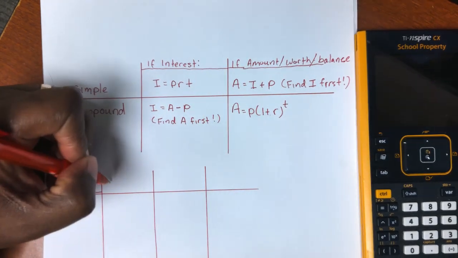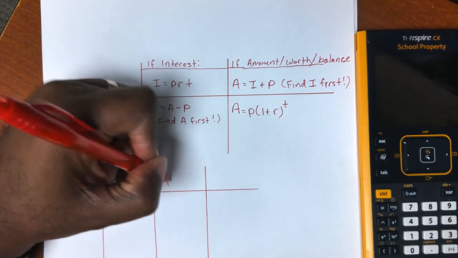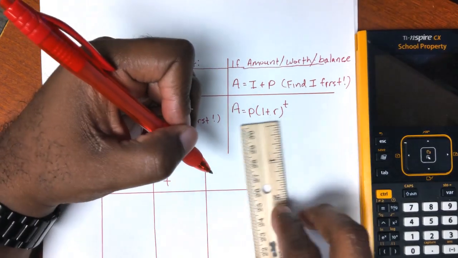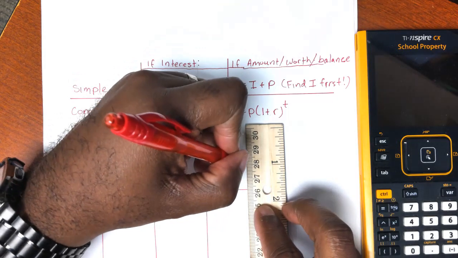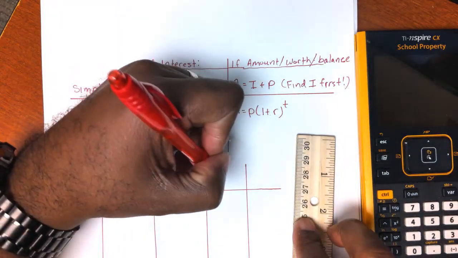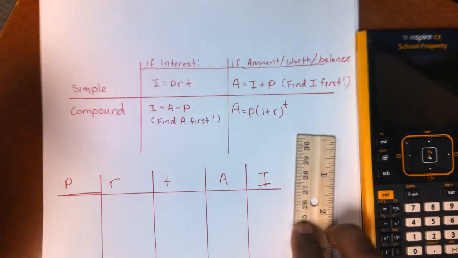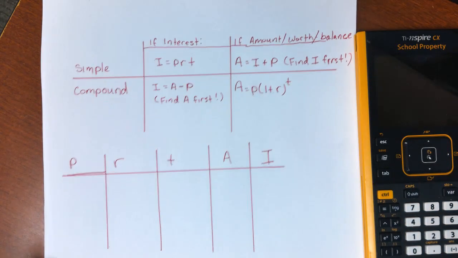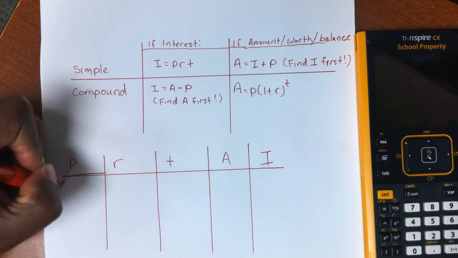So P, R, T, and I guess I need one more, A and I. That should get the job done. So P, that's principal.